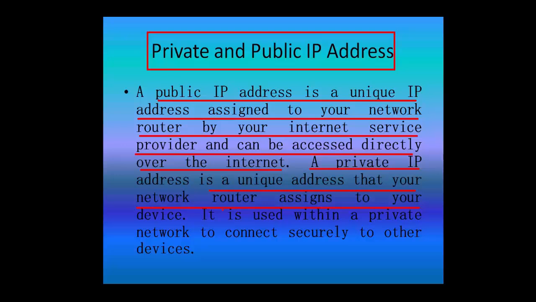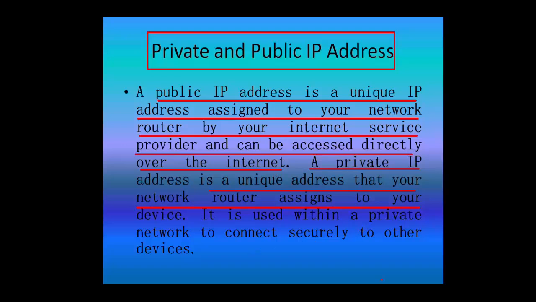But with the help of these IPs, you cannot go to the internet. To go to the internet, you require a public IP that is assigned by the internet provider. Private IP, you do the subnetting, you do the VLSM and assign them either statically or dynamically with the help of DHCP. But you cannot go outside with the private IP series.